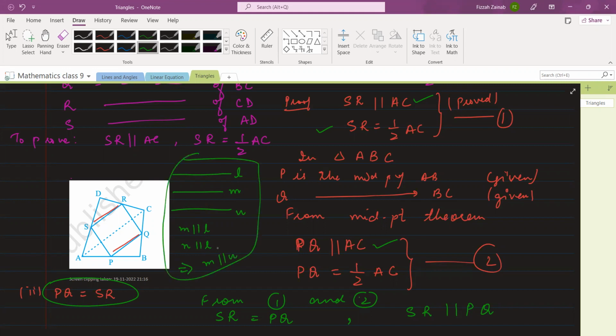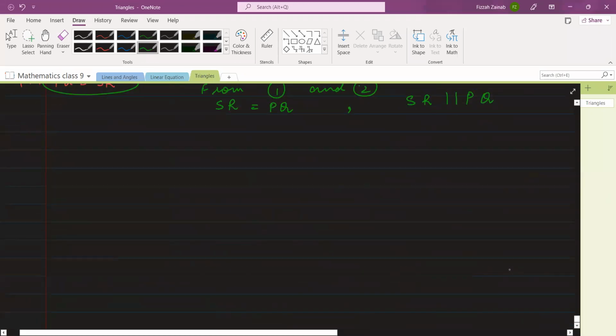So this is what I'm using here. Both are parallel to AC, so I'm saying that SR is also parallel to PQ. Is that clear? Okay, now this will help us in part number 3. So in part 3, you have to show that this middle PQRS is a parallelogram.